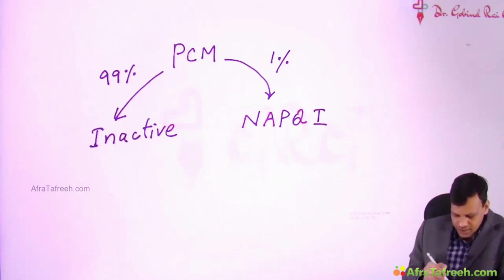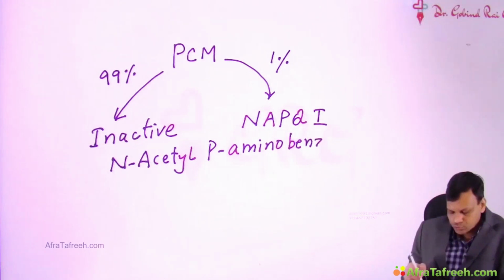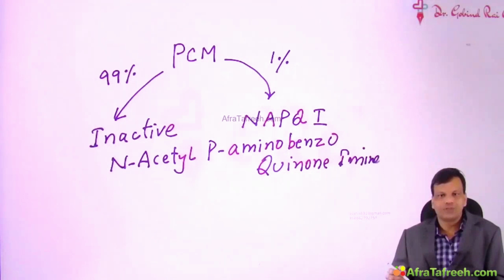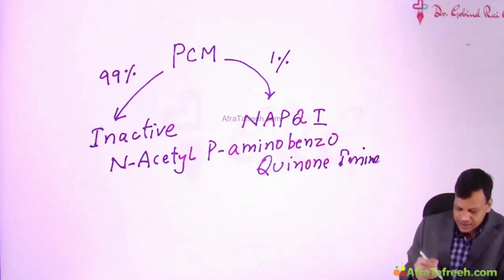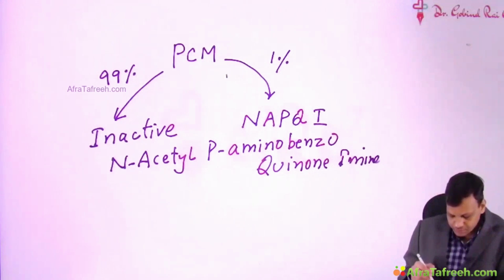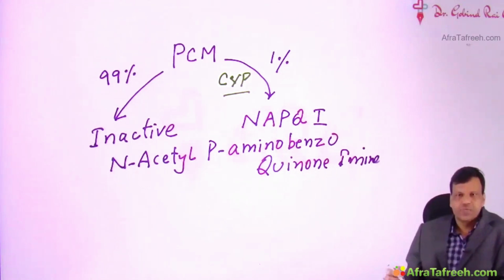The full form is N-acetyl para-amino benzoquinone imine, and this reaction is catalyzed by a microsomal enzyme, a CYP enzyme.